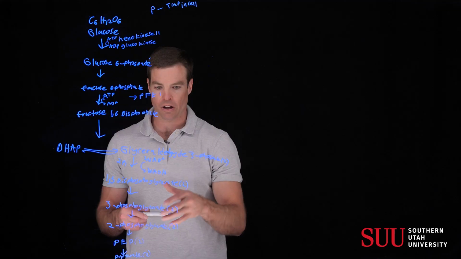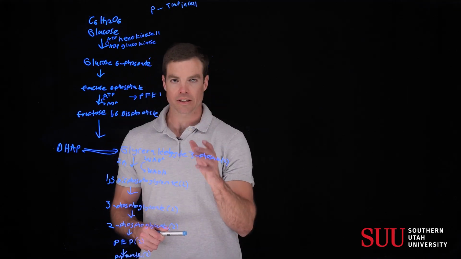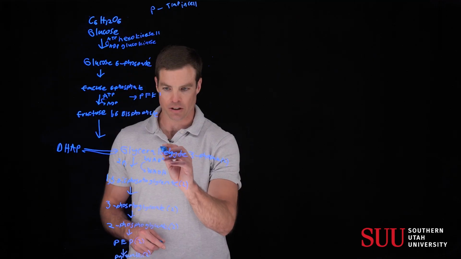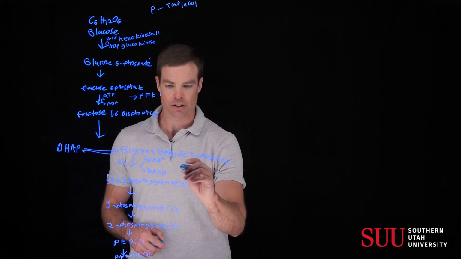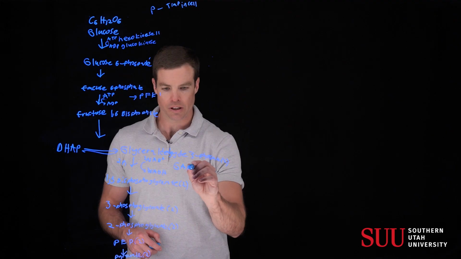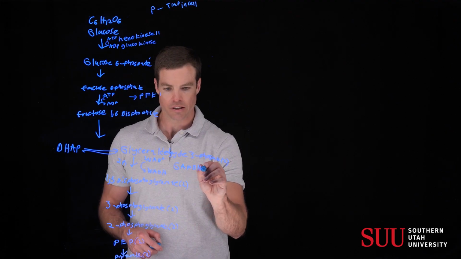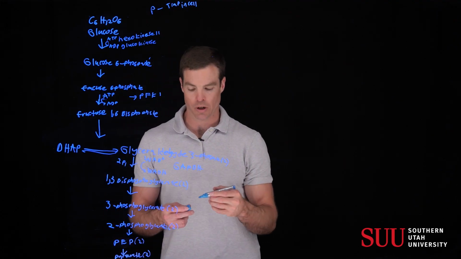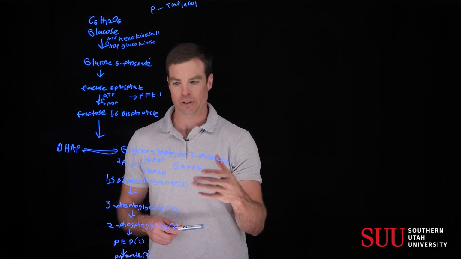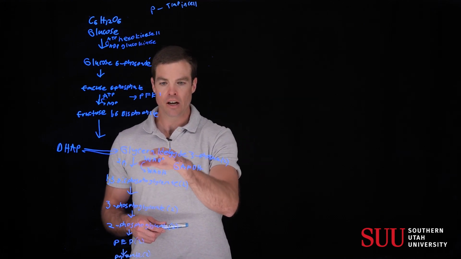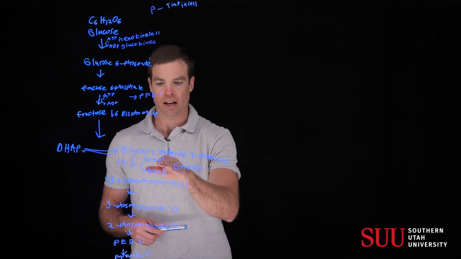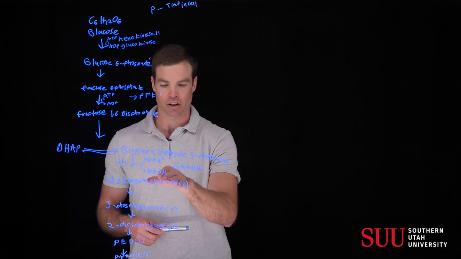So we have 2 of each of these molecules. The enzyme that does this one, we can write it right here, is glyceraldehyde 3-phosphate dehydrogenase, so just GAPDH. All right, so it's a dehydrogenase reaction, and so it's a redox, oxidation-reduction reaction, because we are taking electrons from the glyceraldehyde 3-phosphate and donating them to NAD+, and you're making your NADH molecules.